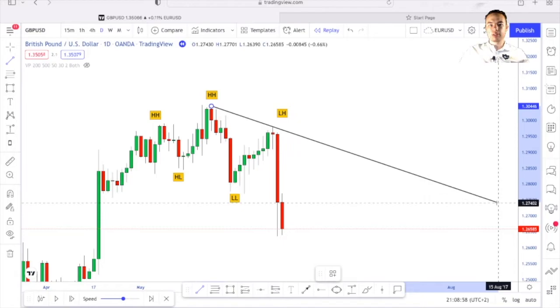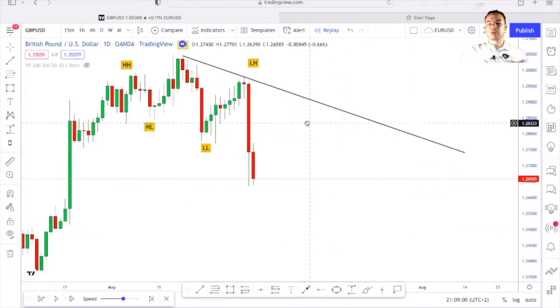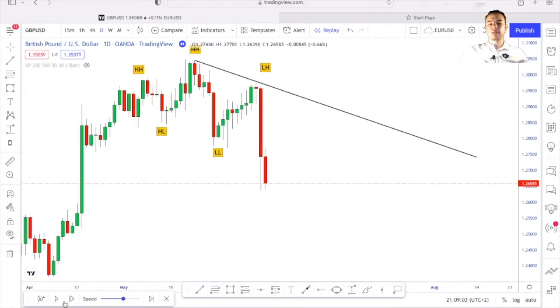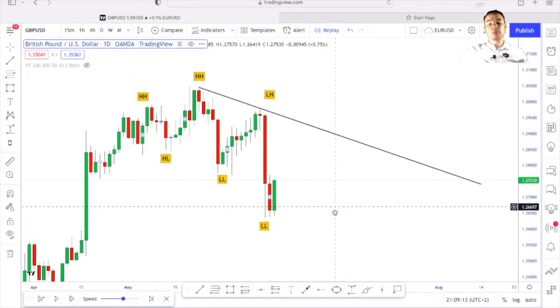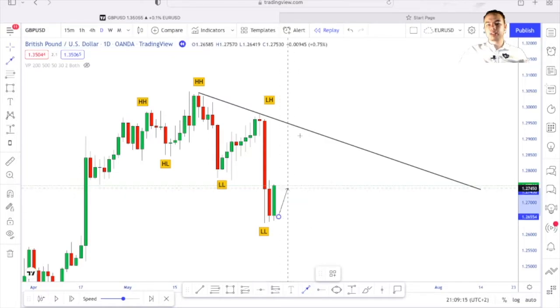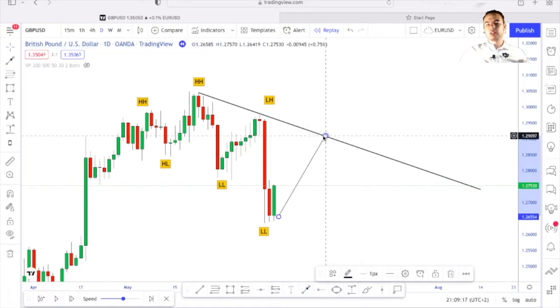Okay, so now we need to see where's this gonna, okay, here's your new lower high, lower low. So now price can come up, push here with the trend line, and I go into detail with this in the other course.